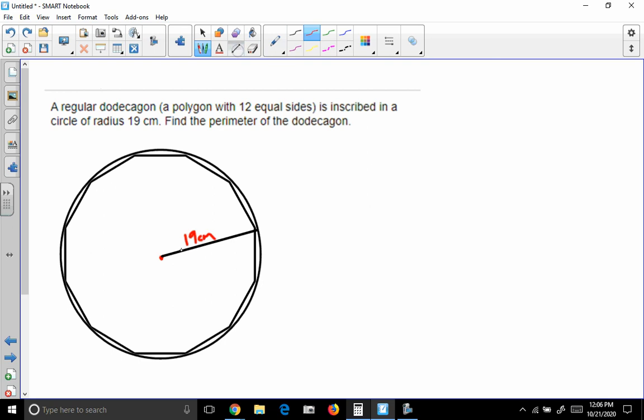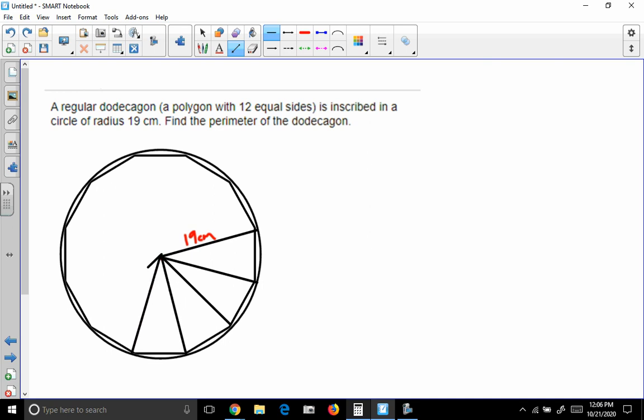So everywhere we go from the center and touch the circle, that distance is 19. Notice if we touch each vertex of this dodecagon, if there are 12 sides, then that divides us into 12 triangles.